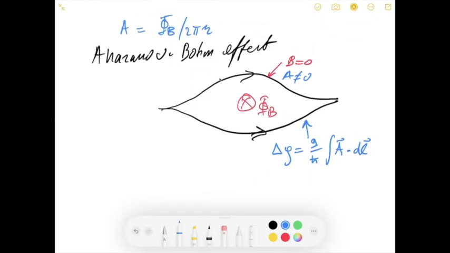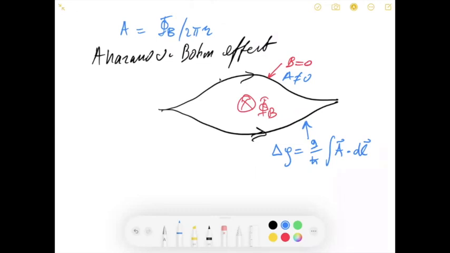Hopefully you know that if you change the phase difference between one path and another path, you can change the interference from constructive to destructive.